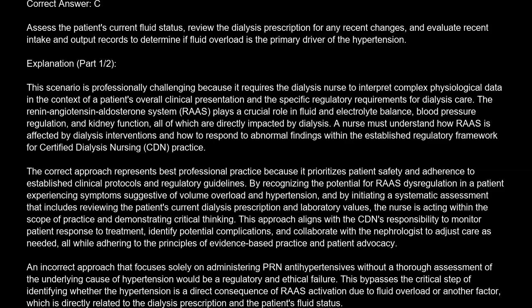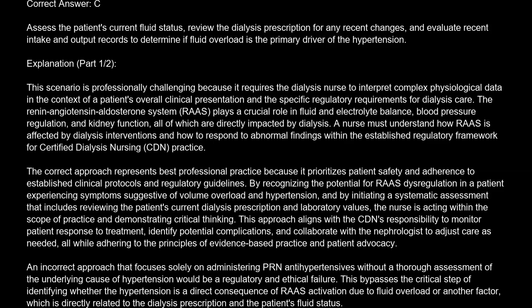This approach aligns with the CDN's responsibility to monitor patient response to treatment, identify potential complications, and collaborate with the nephrologist to adjust care as needed, all while adhering to the principles of evidence-based practice and patient advocacy.